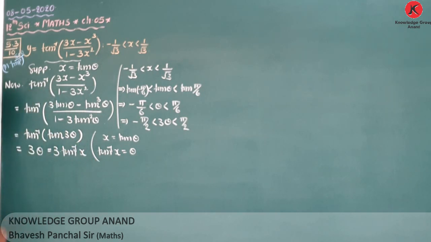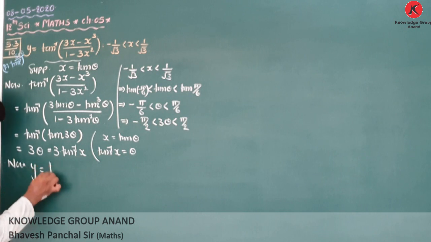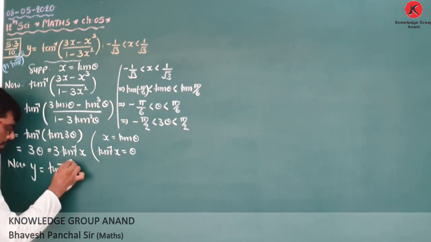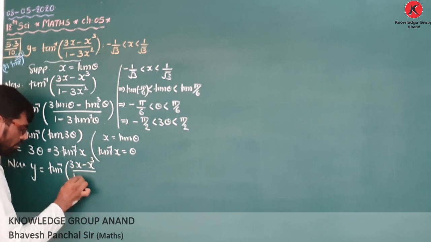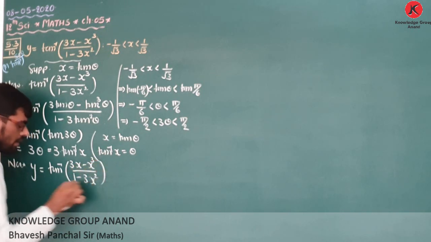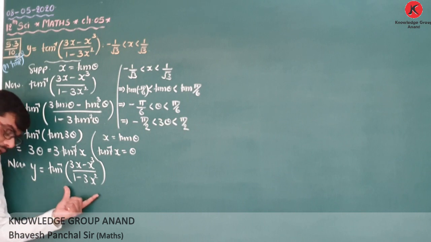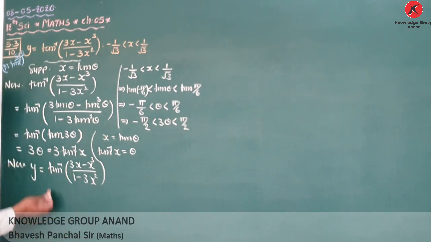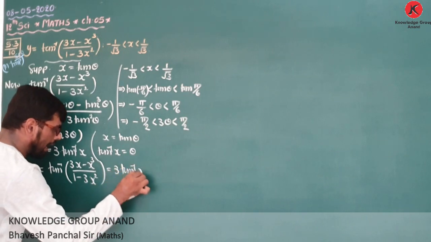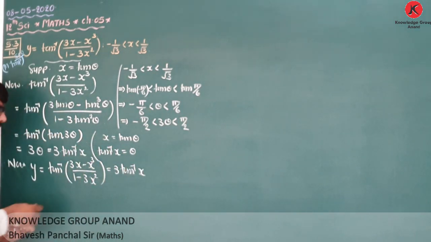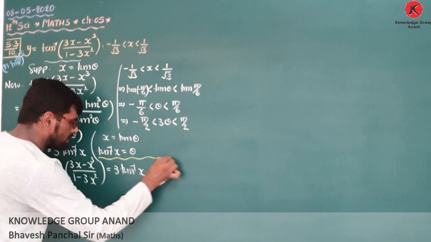Okay, now see here y equal to tan inverse of 3x minus x cube upon 1 minus 3x square. But we already simplify this function, and this function equal to now 3 tan inverse x. Okay, this function equal to 3 tan inverse x.